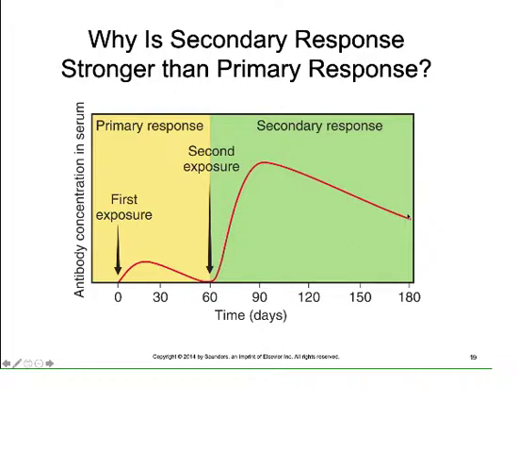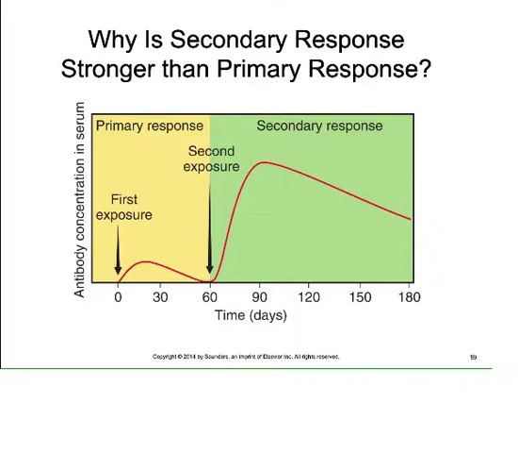So this is what immunity is all about, right? We get an initial exposure and we knock it back using our own tools, our own white blood cells. Then we generate memory cells for the lymphocyte team that did that, and the next time that pathogen shows up, we're able to much more effectively knock it down.